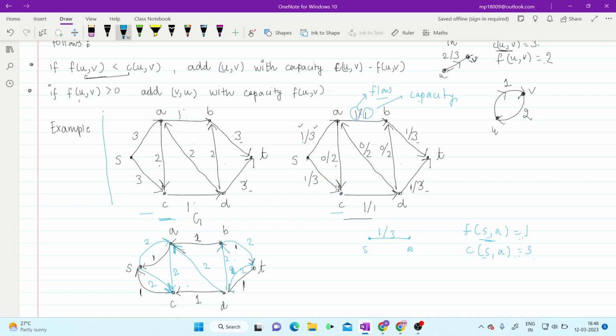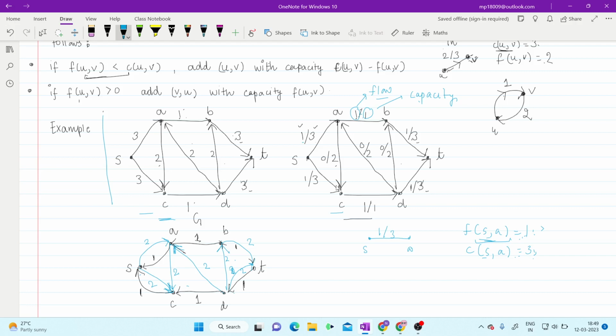So you draw an edge in the same direction SA, and the new capacity will be the difference, 3 minus 1 is 2. Therefore this is one edge. And what is the other edge? If the flow is strictly greater than 0, then you draw an edge in the opposite direction with the flow value. So you draw another edge AS with 1.